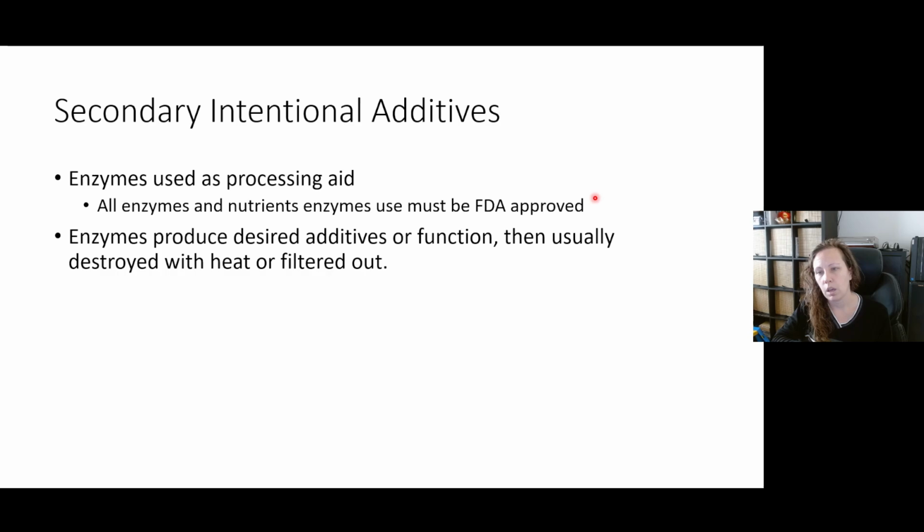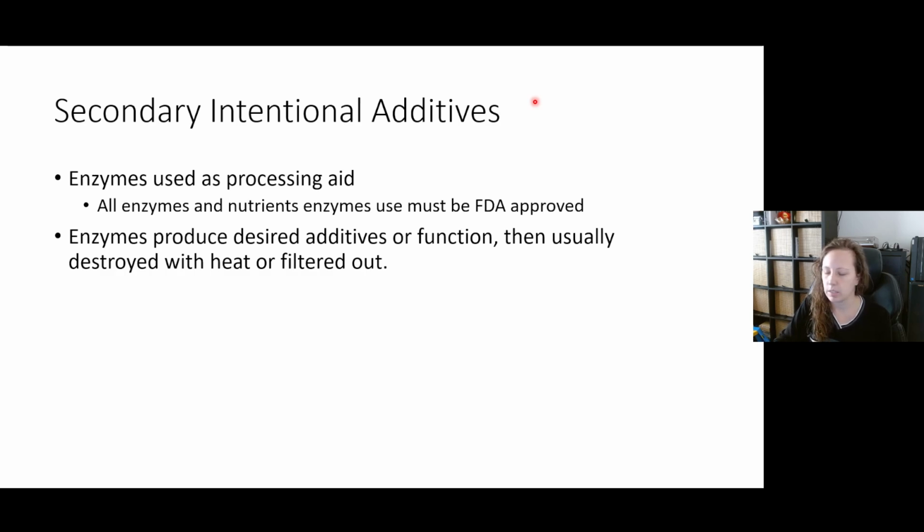This can replace the use of chemical additives, making for a cleaner label. So that's good. And the enzymes are also reusable. As long as you don't destroy them with heat, you can reuse them, and then you're decreasing cost because you're not constantly buying more ingredient to add to the product. You're just reusing these enzymes.